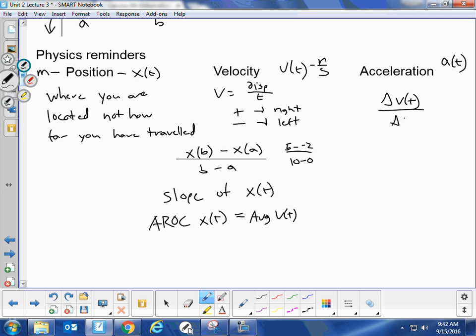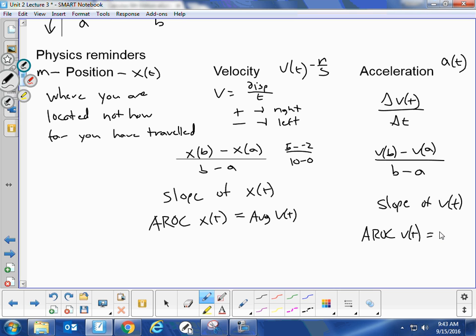Well, what's that? V of b minus v of a over b minus a. It's just going to be the slope of velocity. So acceleration, or the average acceleration, will be the average rate of change of velocity.